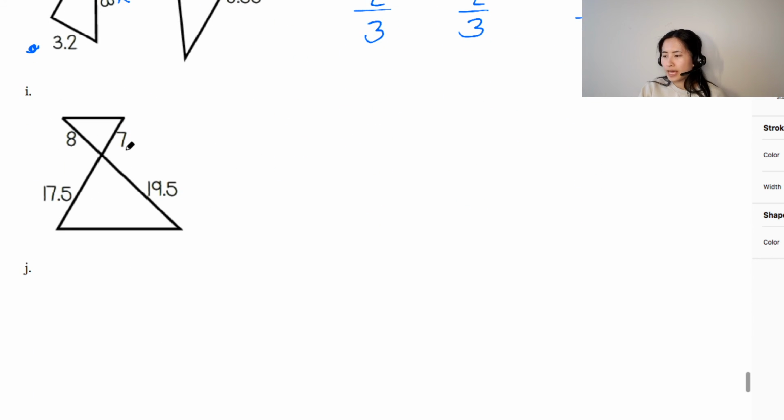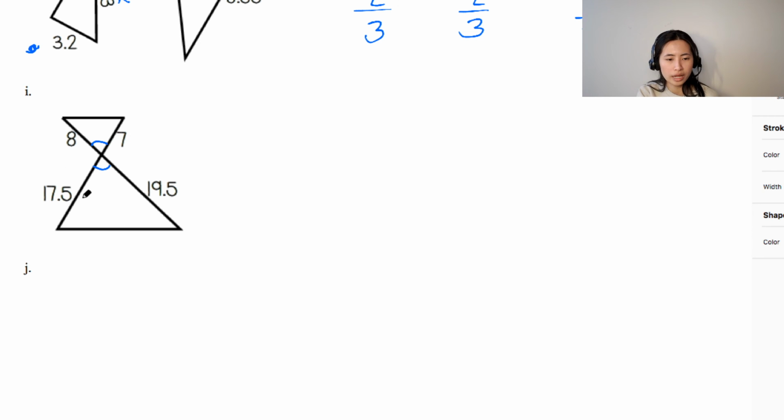So for I, we know that these two are vertical angles, which is the X pattern, so they're congruent. And if you're looking at this being 8, I know this is a side angle side, but let's say you're not really sure which side you're supposed to compare 8 with. You know that in this smaller triangle, you're comparing 8 and 7, so 8 is the longer side compared to 7.